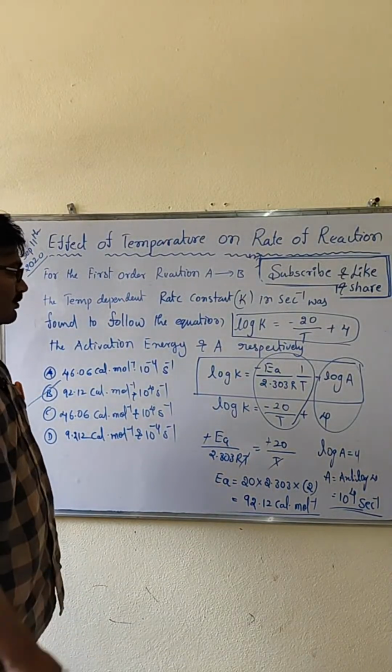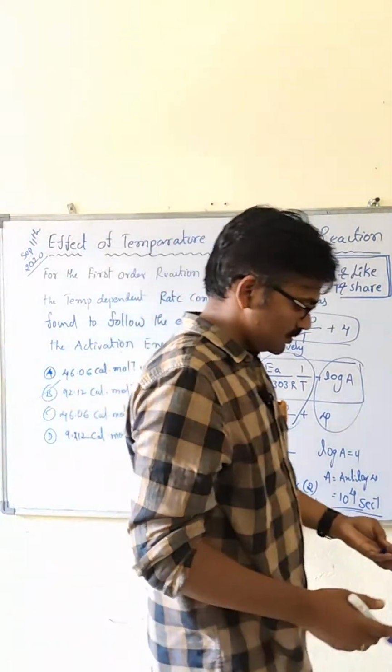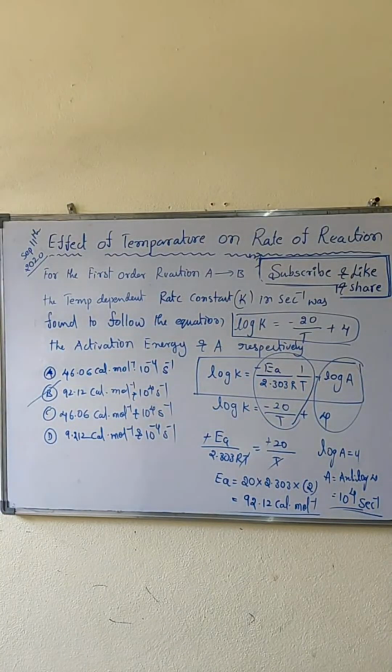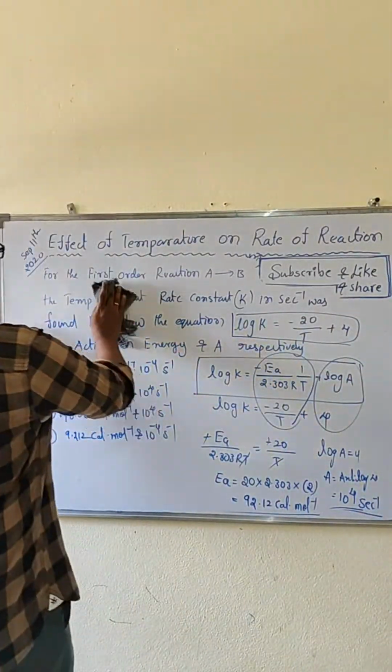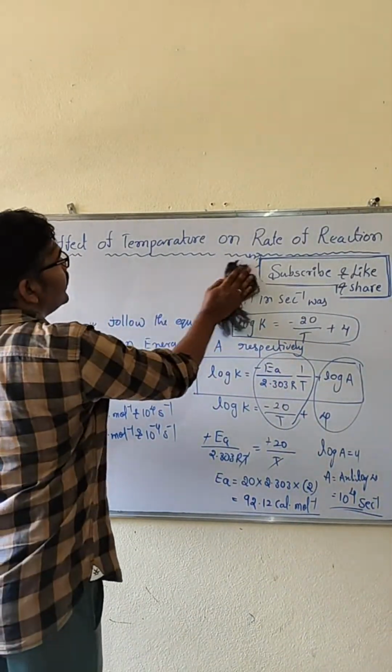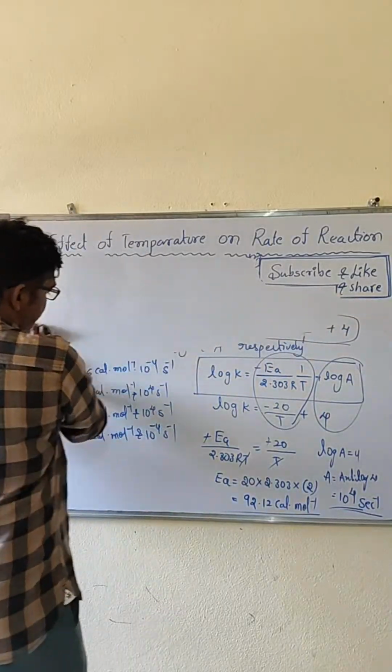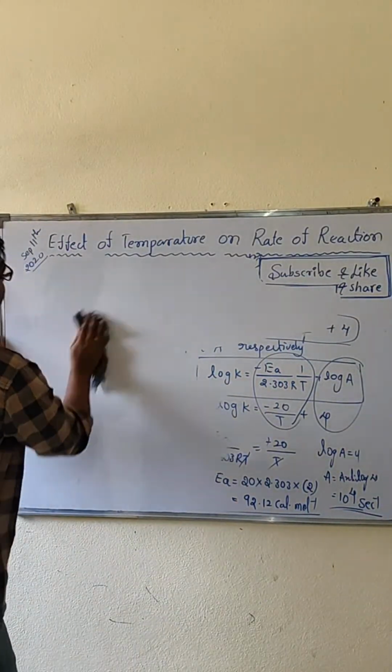So you can get both answers like this, my dear students. Yes, understand? Then 2 more questions are there. You can solve those 2 more questions based on the Arrhenius equation.